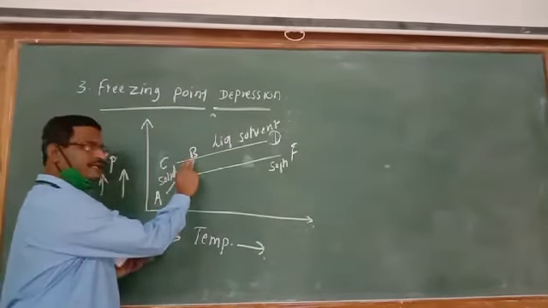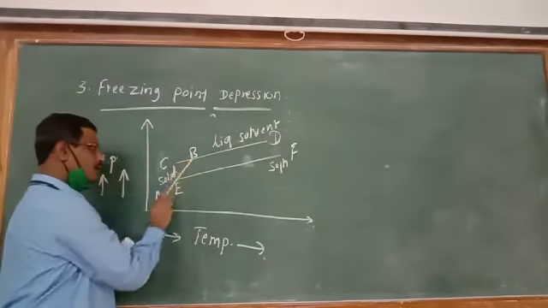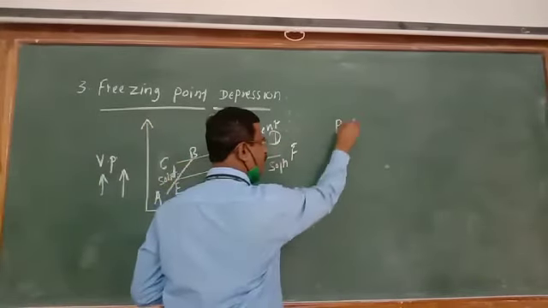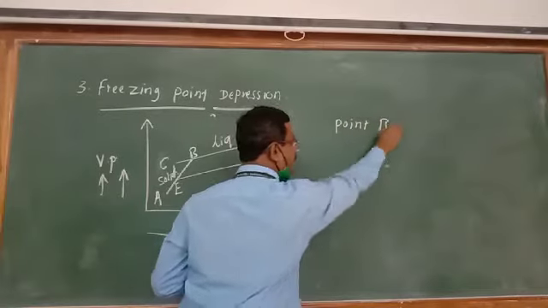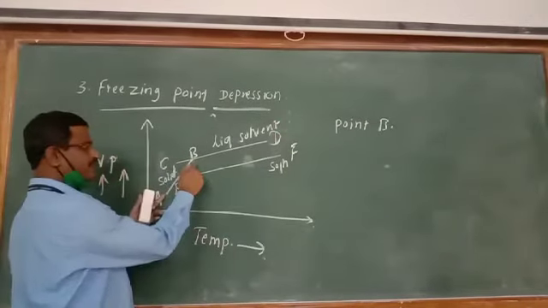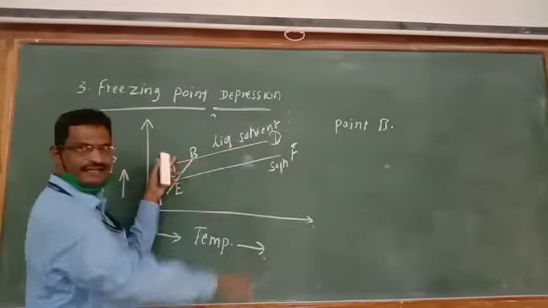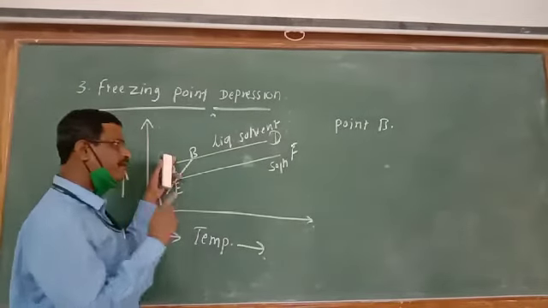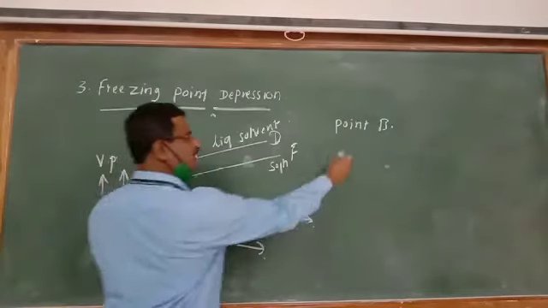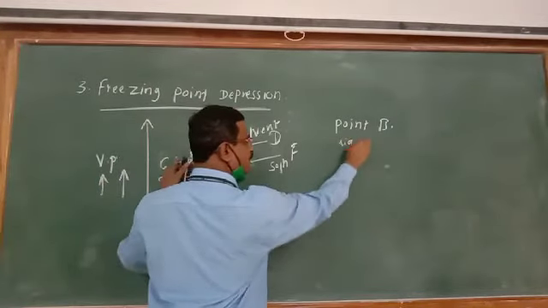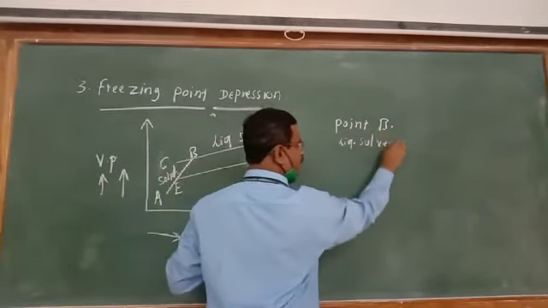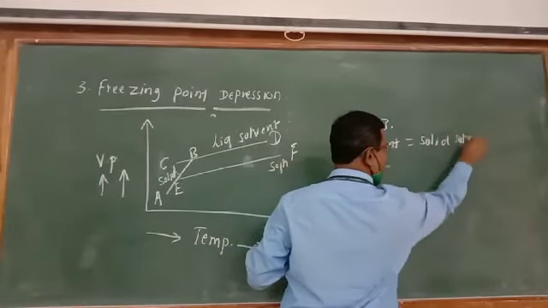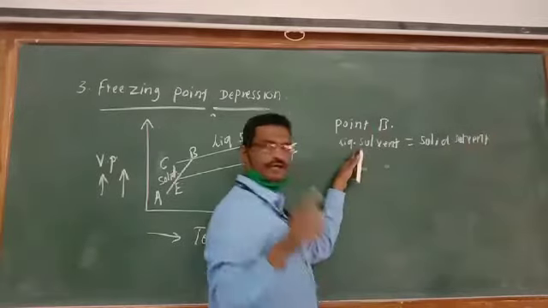At point B, curves AB and CD are intersecting each other. Which means what happens at point B? At point B, there is equilibrium between liquid solvent and solid solvent.